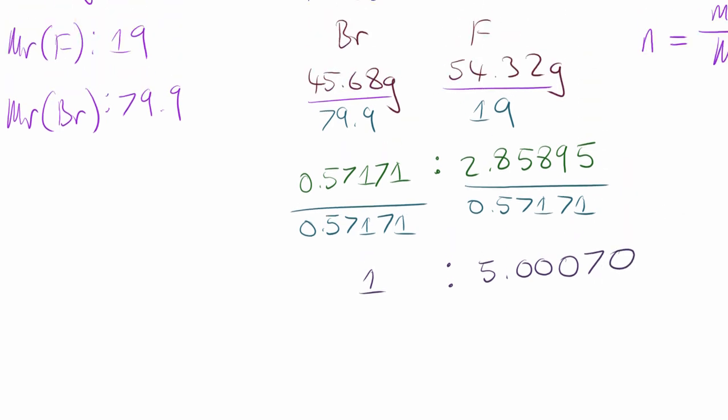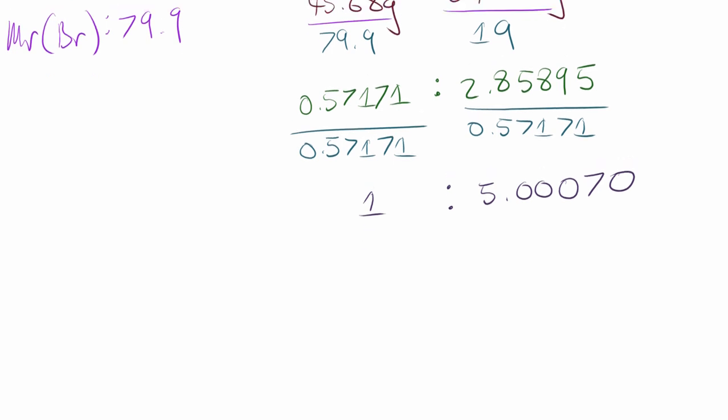What we notice is that, contrary to the situation before, where rounding to 2 decimal places or 1 decimal place didn't give us an integer value, in this case, if we round to 2 decimal places, we do get an integer value. If we round to 1 decimal place, we do get an integer value. So let's round it to 2 decimal places. You're going to get a 1 here, of course, and a 5.